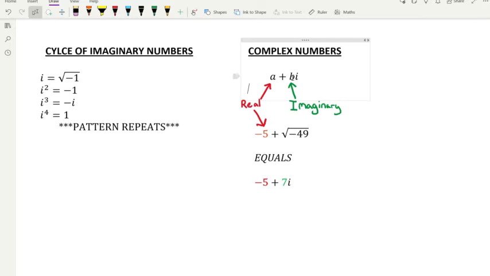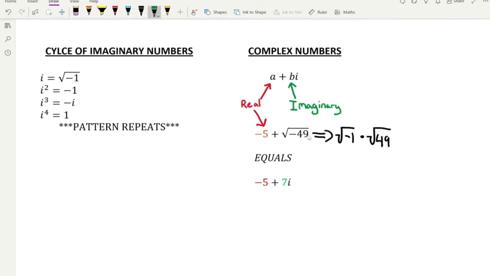and an imaginary part with i. Notice we have the square root of 49, and quite simply when you simplify the square root of 49, you're dealing with the square root of -1, always have to have the square root of -1, and the square root of 49.